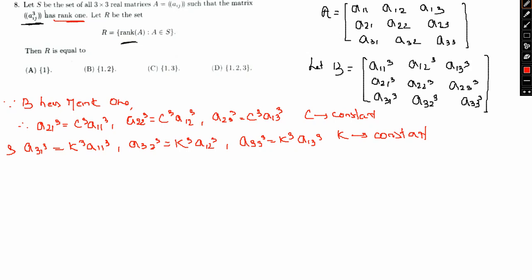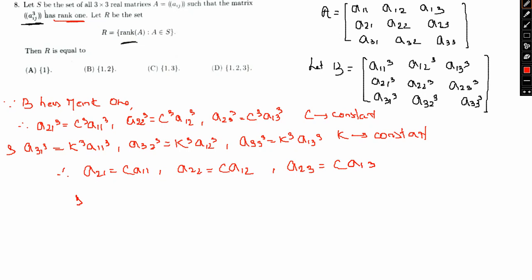Therefore we can further conclude from here that A21 is equal to C A11, A22 equal to C A12, and A23 is C A13.